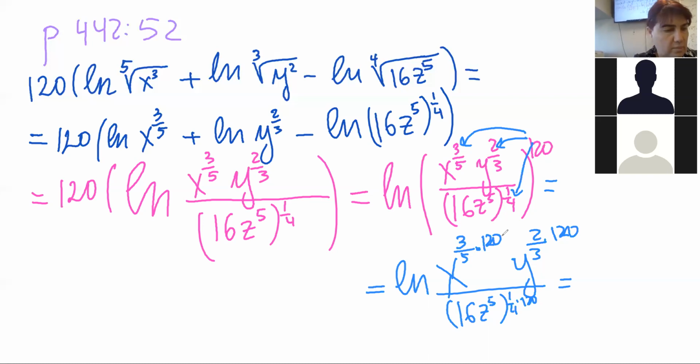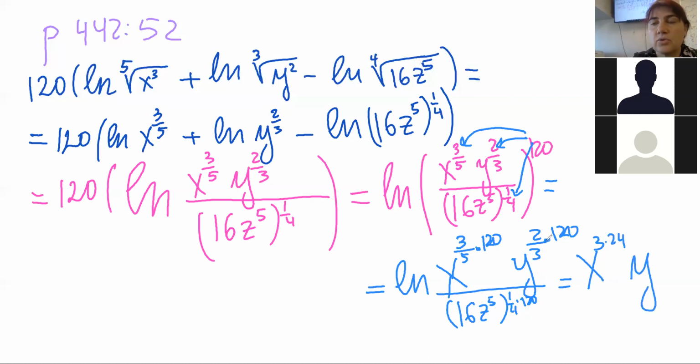This is 120 divided by 5. It's 24. So the first one would be x to the power of 3 times 24. Then y.